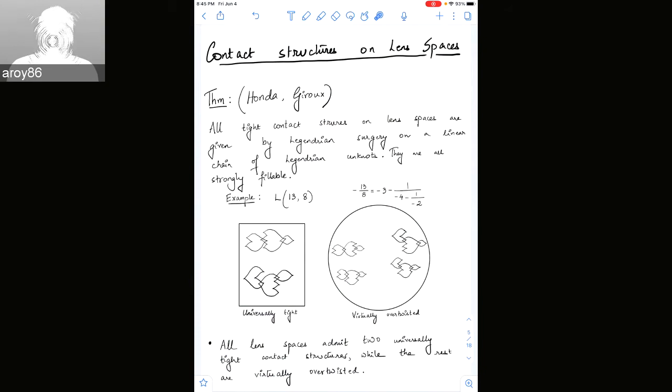So all lens spaces admit two universally tight contact structures, while the rest are virtually overtwisted. While we do say there are two, these two contact structures are actually contactomorphic. So when we talk about classifying fillings, we'll often say there's one universally tight contact structure, because all the results follow automatically for the other as well.